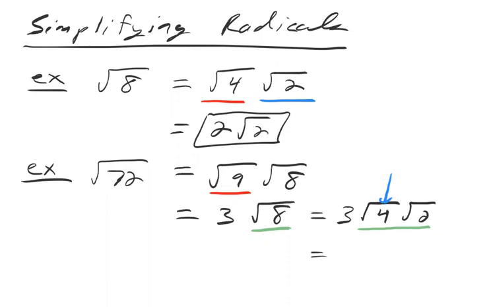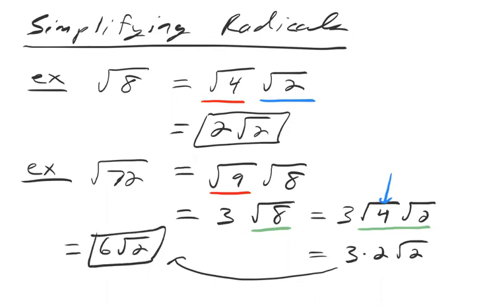So this would be 3 times 2, and then I've got that square root of 2, which I can't simplify. So what's 3 times 2? I'm almost out of room here, so I'm going to go up over here. This equals 6 root 2, and that is my most simplified answer because I cannot take the square root of 2, nor can I factor it into two things.